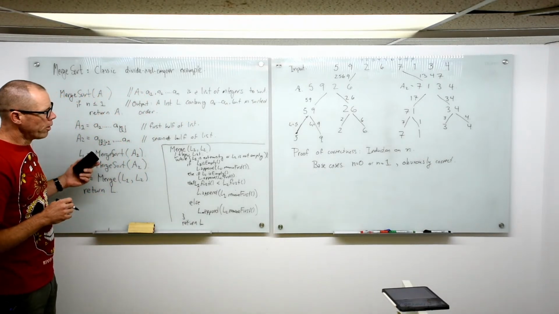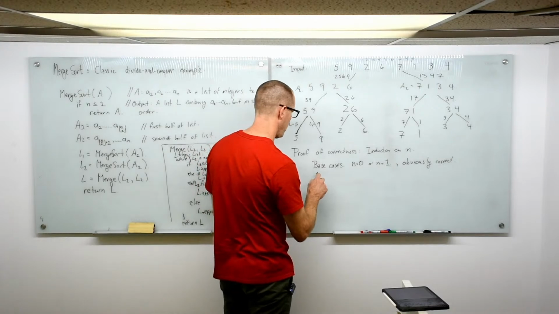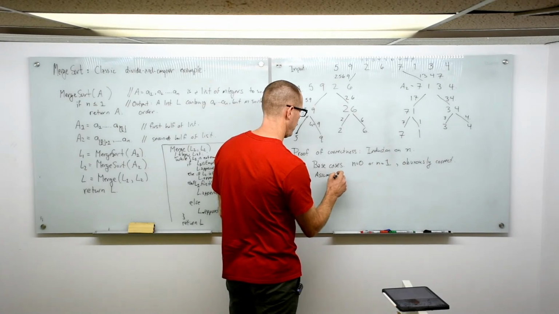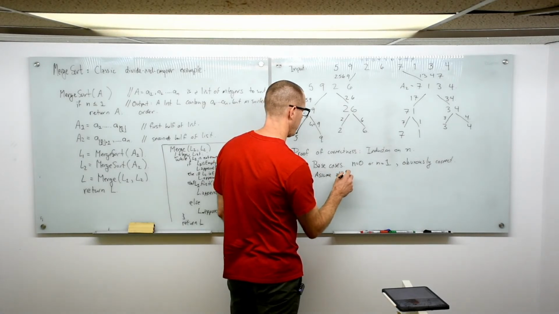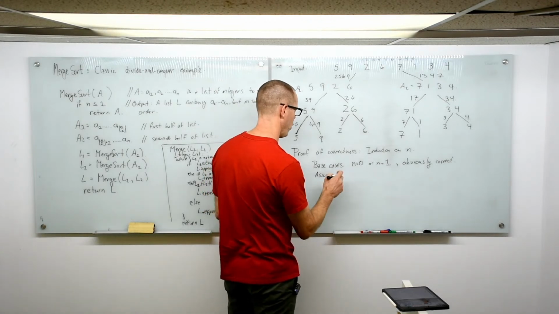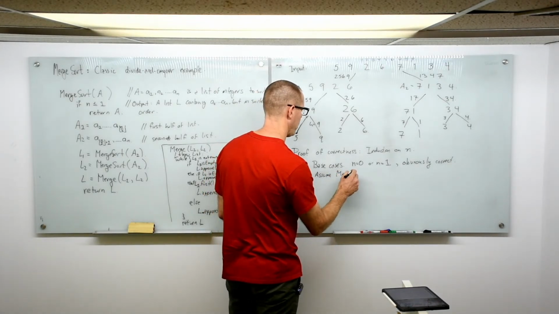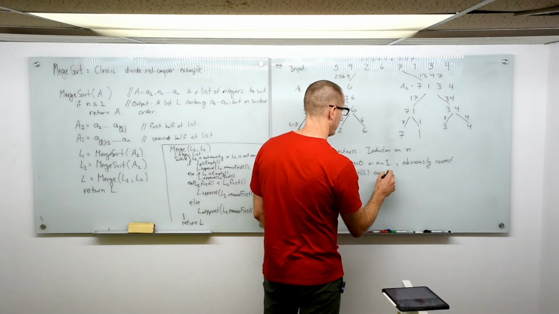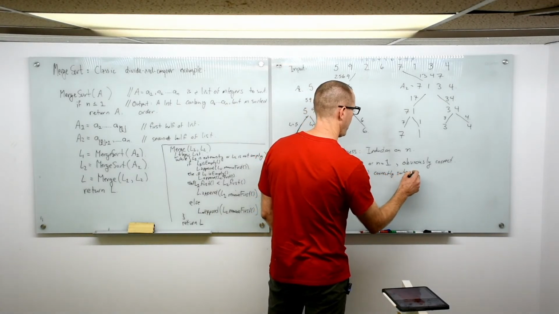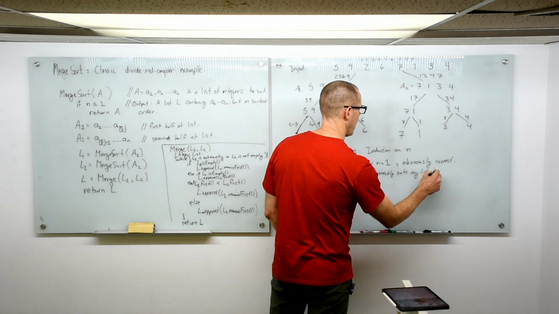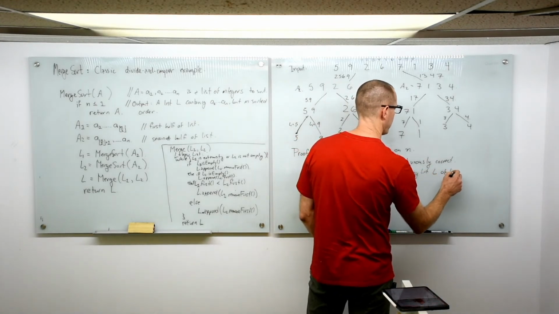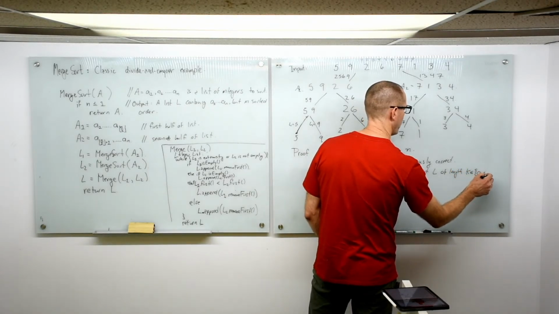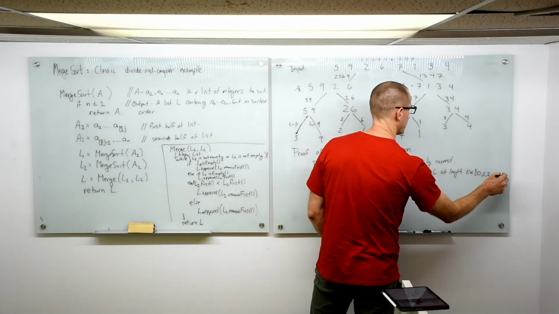And now the general case. So now assume that merge sort correctly sorts any list L of length k in the range 0, 1, 2, all the way up to n minus 1.